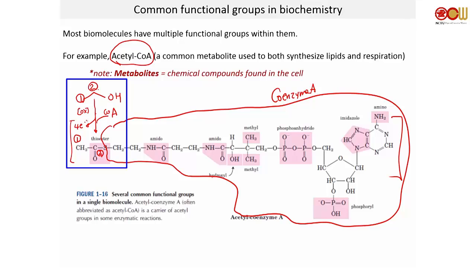So it's going to oxidize this number 2 carbon. In this oxidation process, initially it has, for example, 1 oxygen bond, now it has 2 oxygen bonds and 1 sulfur bond. So you actually lost 4 electrons.